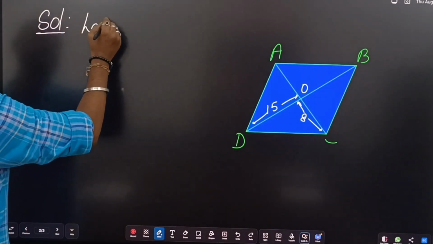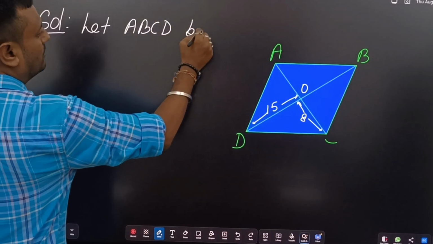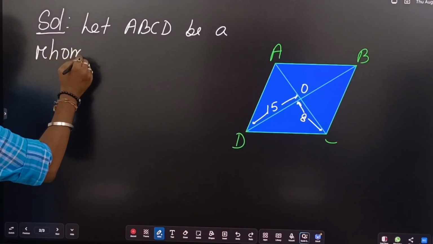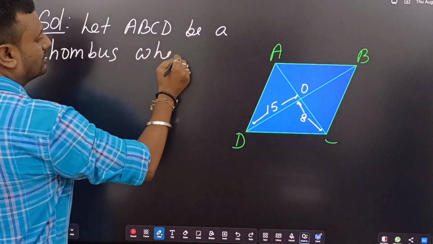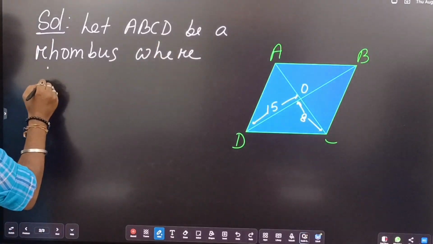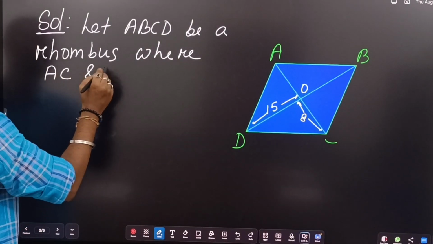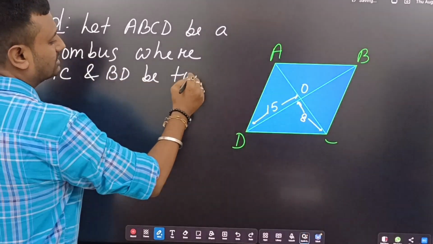Let ABCD be a rhombus with AC and BD, where AC and BD are two diagonals.